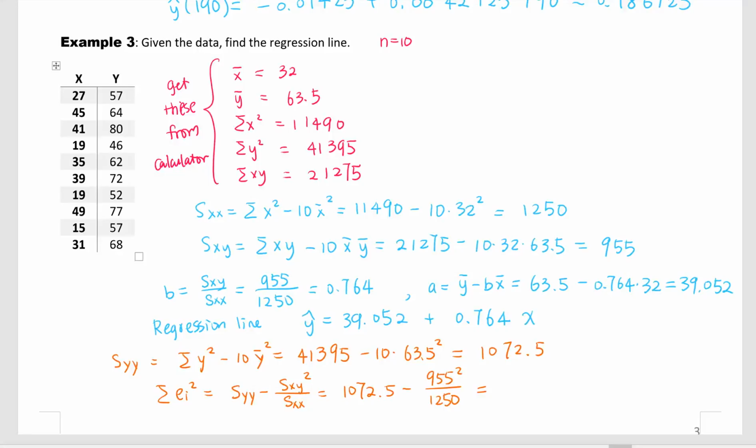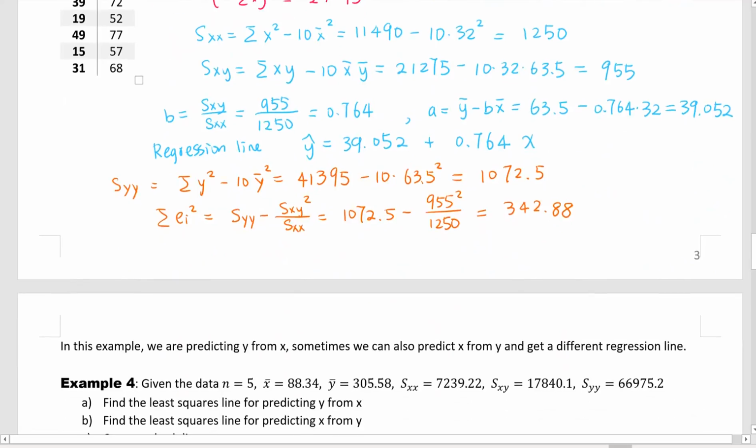Put this in our calculator. I got 342.88. Do you have the same answer? So that is the residual sum of squares, the error sum of squares.